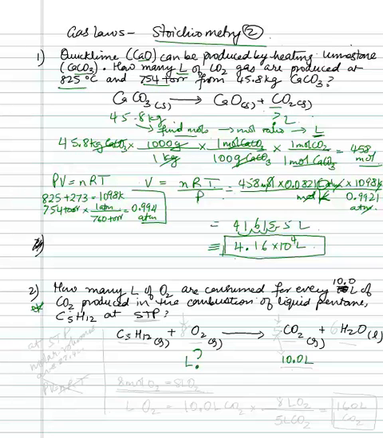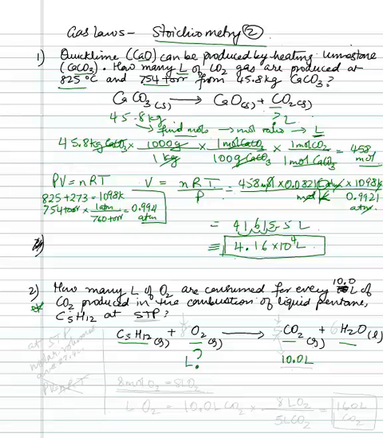in the combustion of liquid pentane, C5H12, and combustion, remember, is reaction with oxygen. So the equation is given to us: pentane, C5H12, burning in oxygen, giving us carbon dioxide in gas phase and water in liquid phase. This is a little bit different kind of problem because we are now working with gases all the way through.